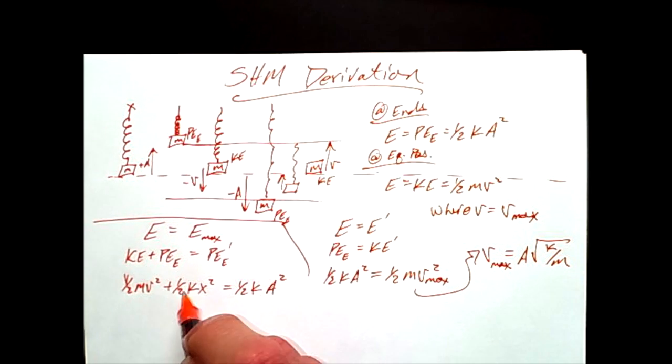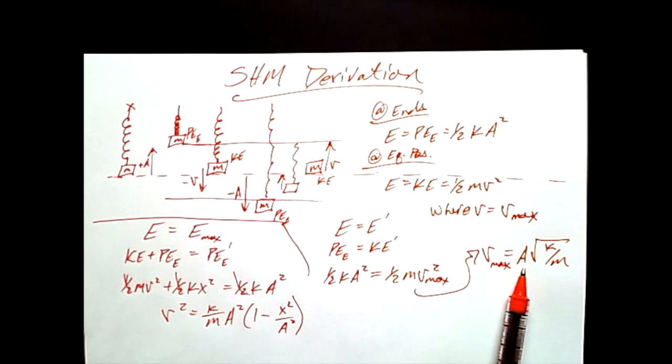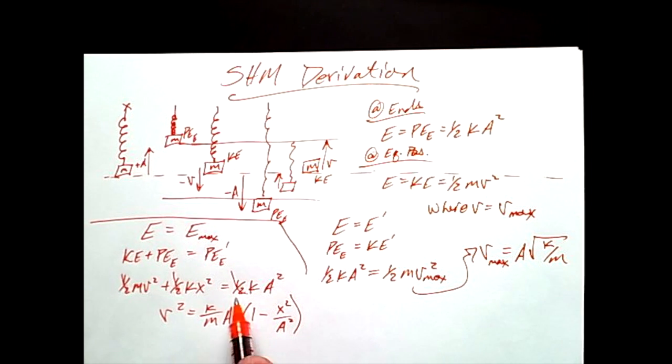Of course, the half terms are common and can be cleaned up, but if we do some algebraic rearranging here, we can end up with v squared equal to k over m times A squared times the quantity 1 minus x squared over A squared, which at first looks pretty complicated. However, if we note that V max is A times the square root of k over m, then it's very easy to notice that that term is actually right here.